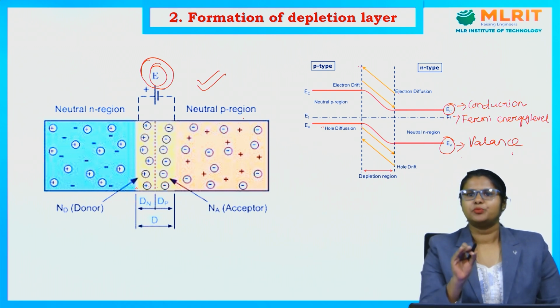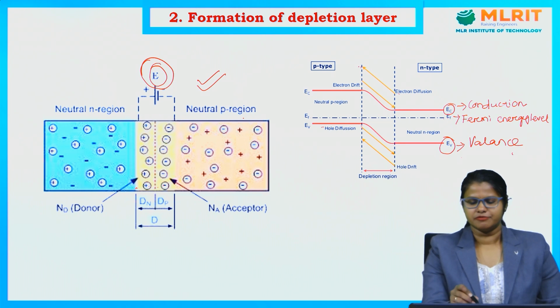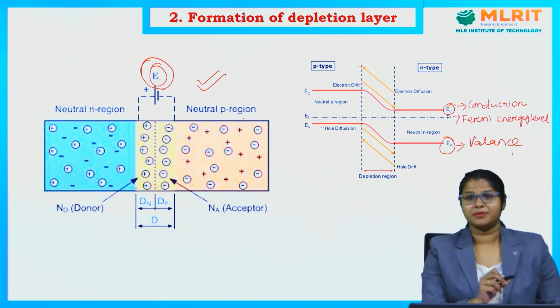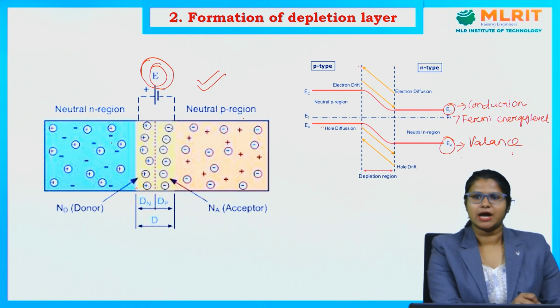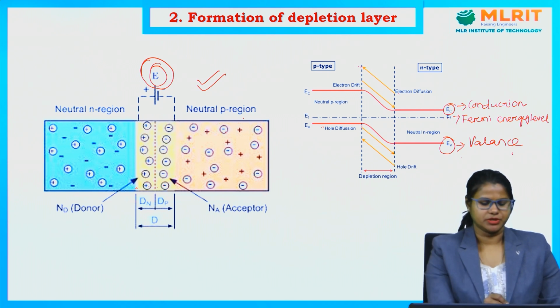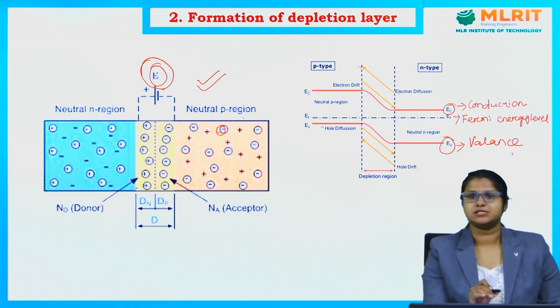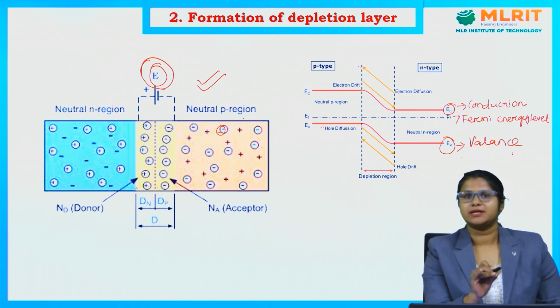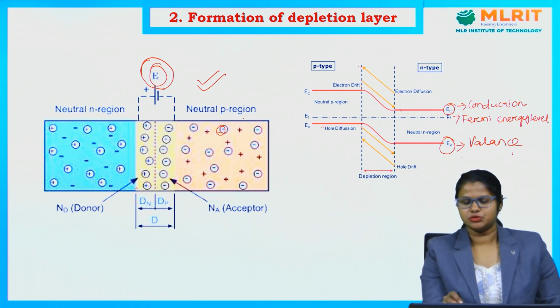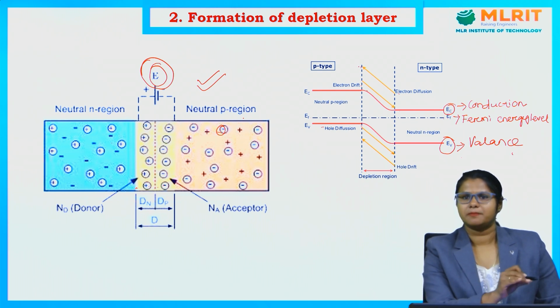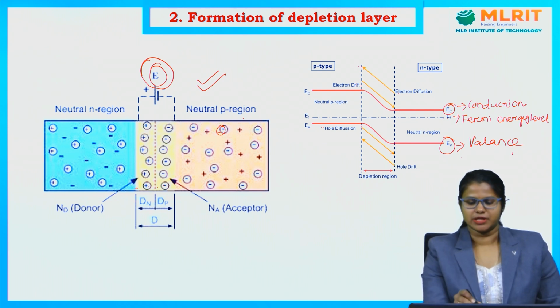It will push the electrons from the P side to the N side, because the P side also has electrons, which are the minority charge carriers. Those minority charge carriers will be pushed from the P region to the N region by the electric field developed by the potential barrier. That is the drift of the electron.